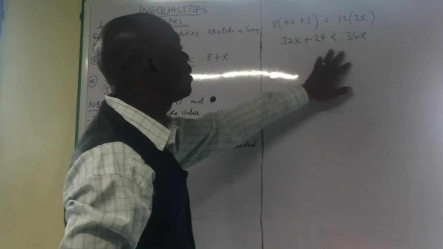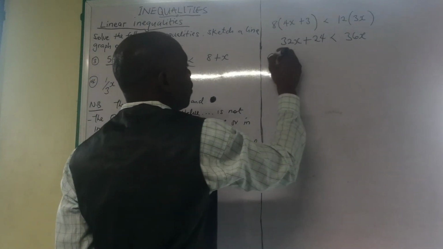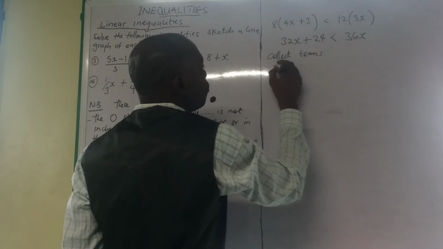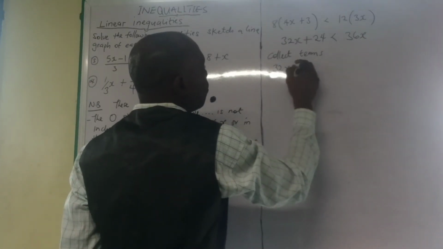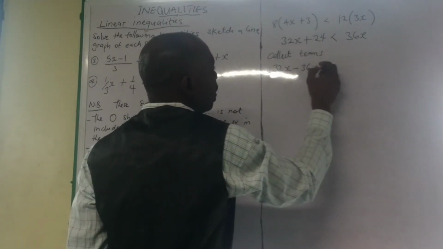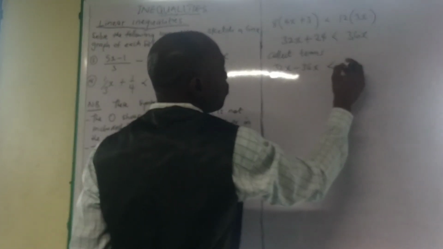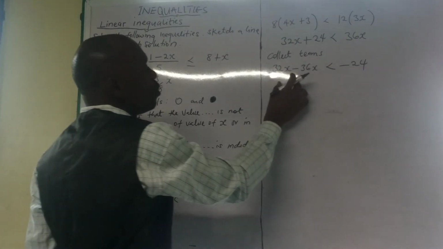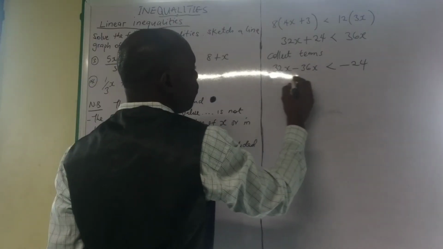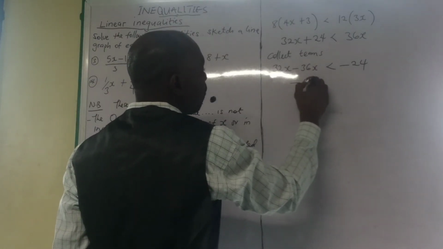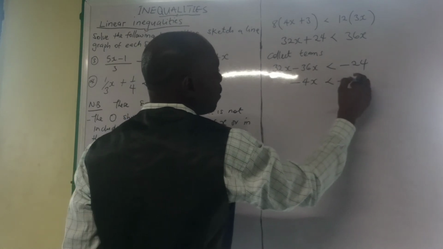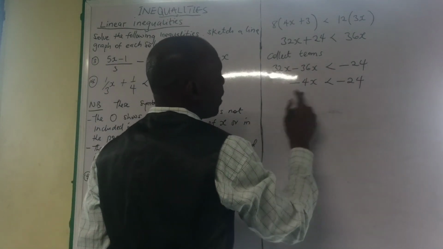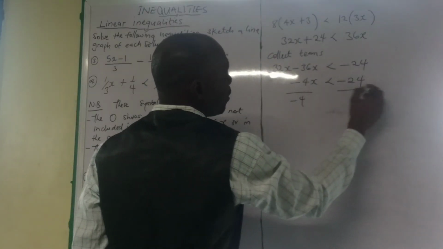So let's now collect the like terms. So 32x minus 36x. So we transfer these ones to this place. It's still going to give a negative 24. So when you deduct 36 from 32, we have negative 4x less than 24. So let's divide by negative 4 on both sides.